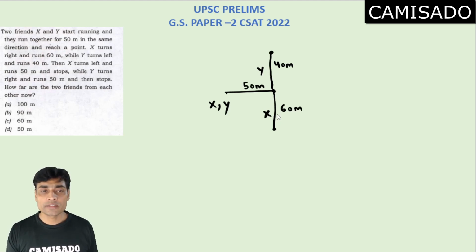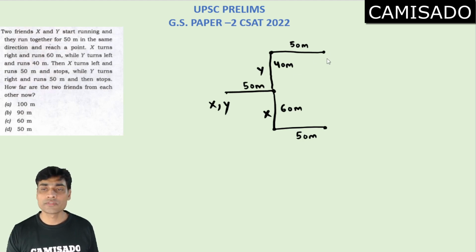Then X turns left and runs 50 meters. Fine. So he reaches this particular point. I am not naming the points at all. And Y turns right and also runs 50 meters and then stops.